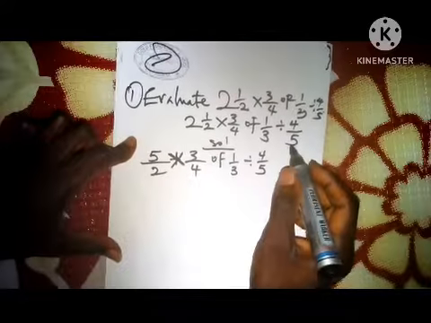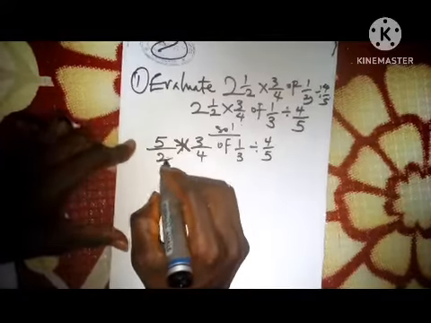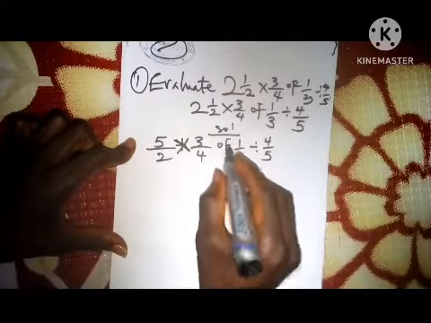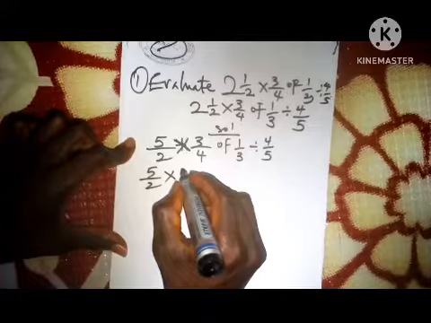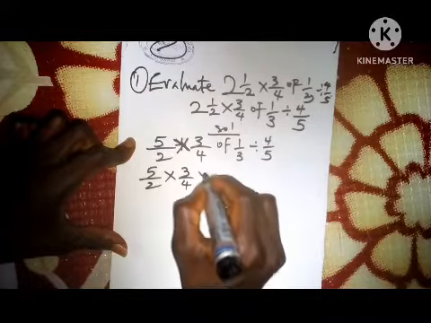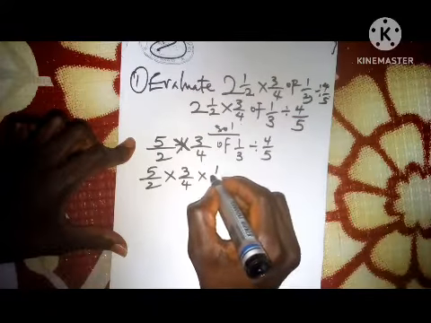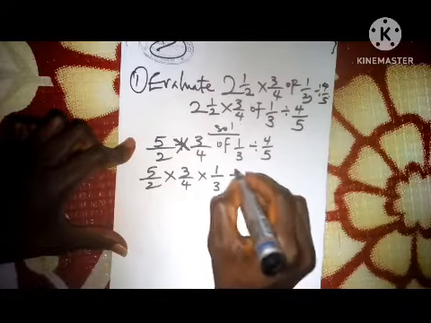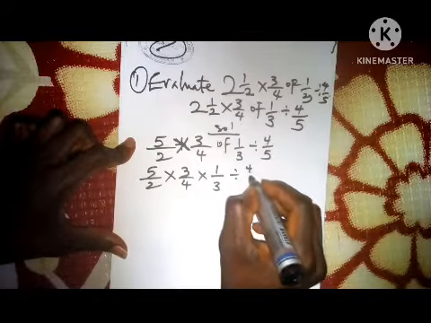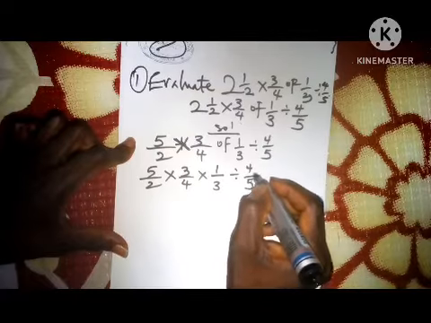Hope you are following. At this stage now, the of, you change it to times, so you have 5 over 2 times 3 over 4 times 1 over 3 divided by 4 over 5.